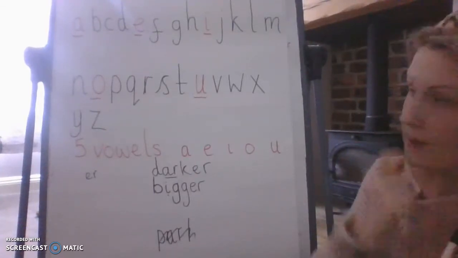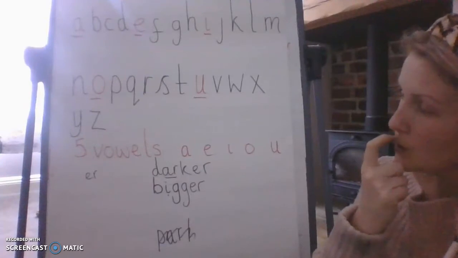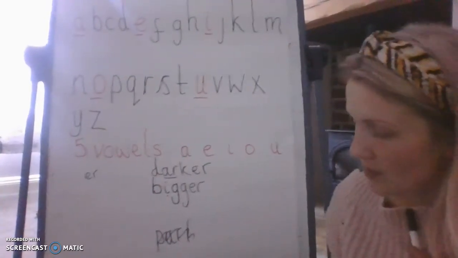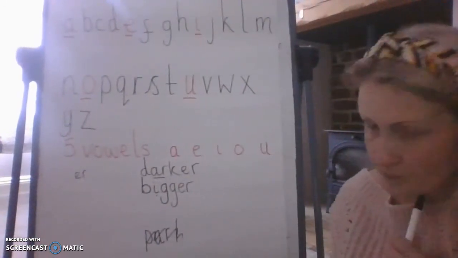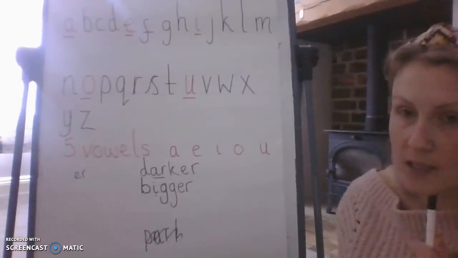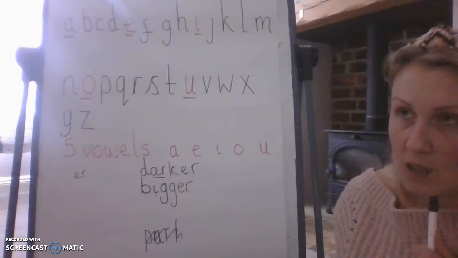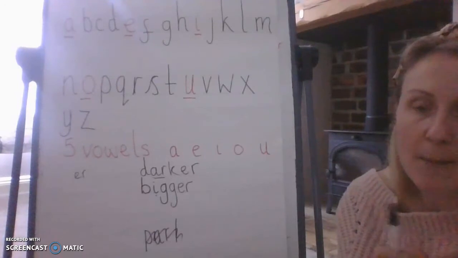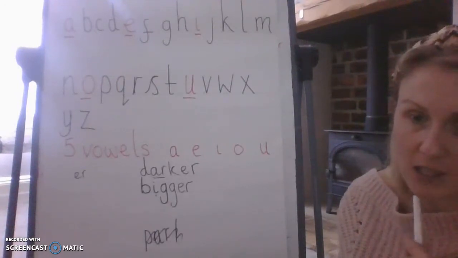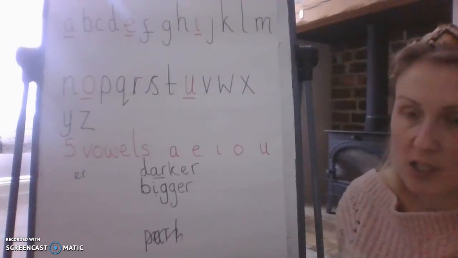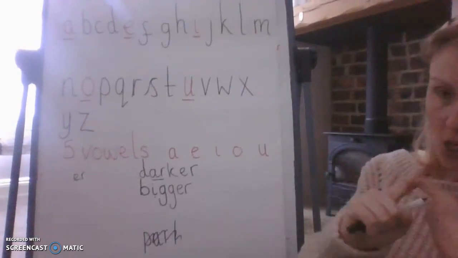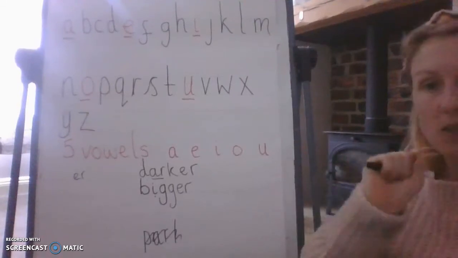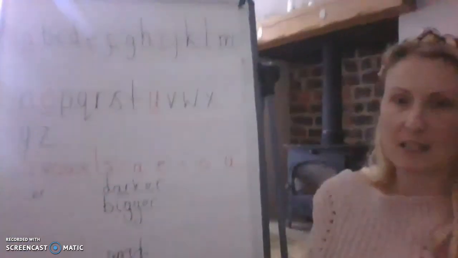Then we're going to write a sentence today, and we're going to underline any digraphs in our sentences. So you're going to spot the digraphs and see if you can underline them. They might be from phase 3, they might be from phase 5, okay?